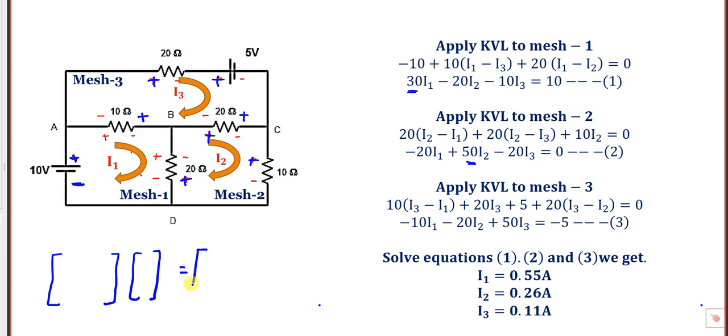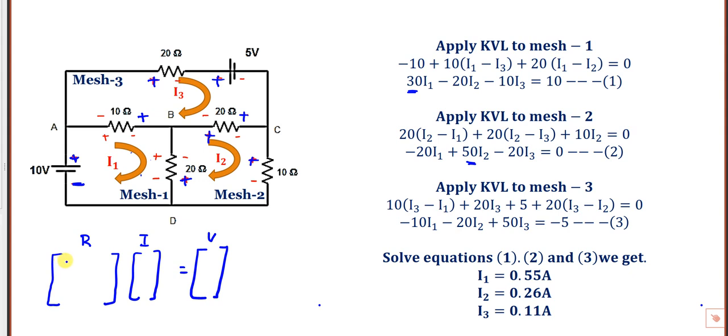So if you are lucky, if they ask a problem like this without mistake, you can immediately write. So remember, diagonal elements are okay. This is the resistance matrix. This is the current matrix. This is the voltage matrix.